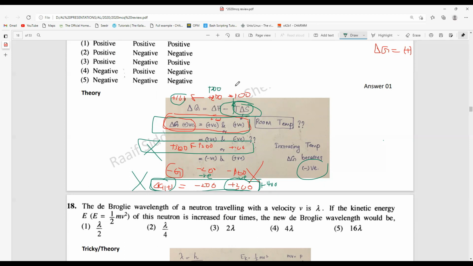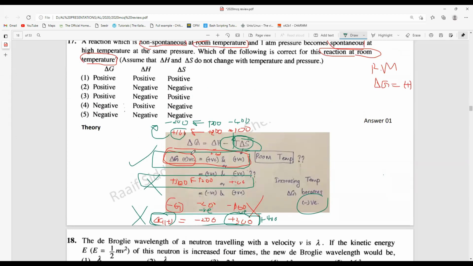When you increase the temperature, this minus 100 will now be like minus 400. So our result is now a negative value, minus 200. So we see here delta G can be reversed. So the only option that can be taken is this one, where at room temperature delta G can be positive, enthalpy can be positive, entropy can be positive. So all are positive. The answer is the first one.